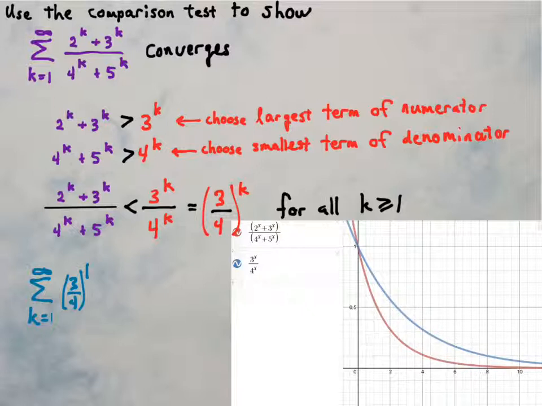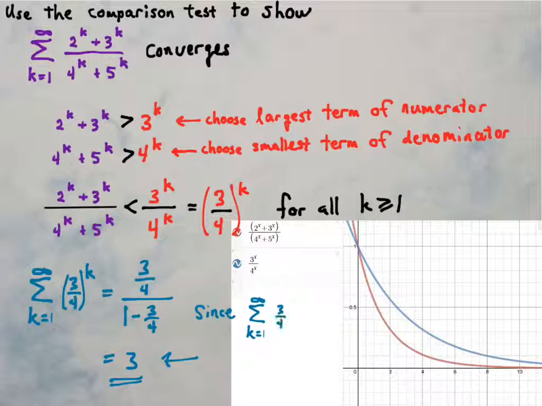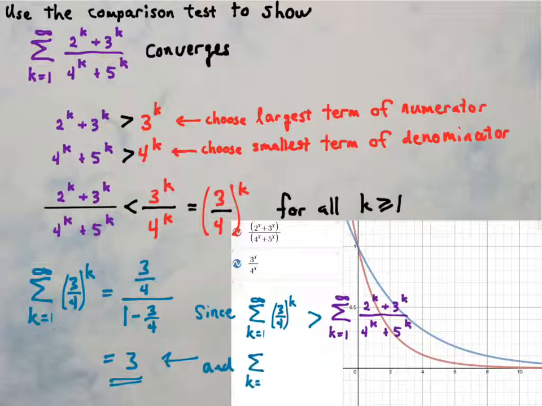So for all positive k's bigger than 1, we can guarantee this to be true, and since this, once again, is a geometric series, we can find the sum to infinity is 3, and since that exists, and it's bigger than all the values of my series, I know my series converges too.